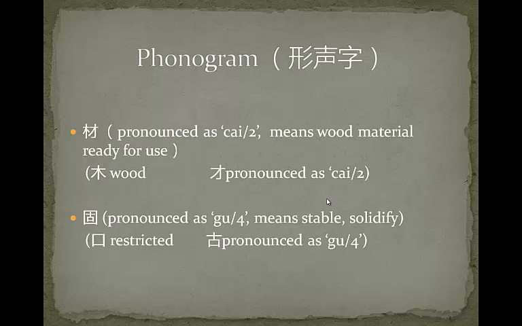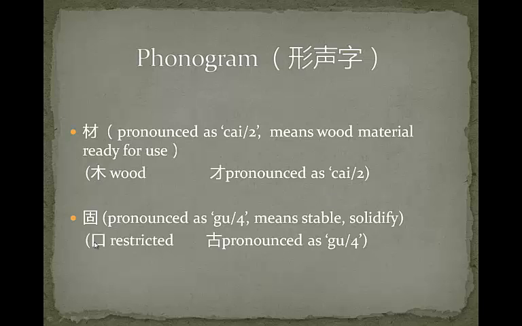As you can tell, you can split this character into 2 parts, the left part and the right hand part. The left part is a character 木, which means wood, so the left part indicates the meaning of the character. The right part is a character pronounced as 才, so that indicates the pronunciation of the whole character.